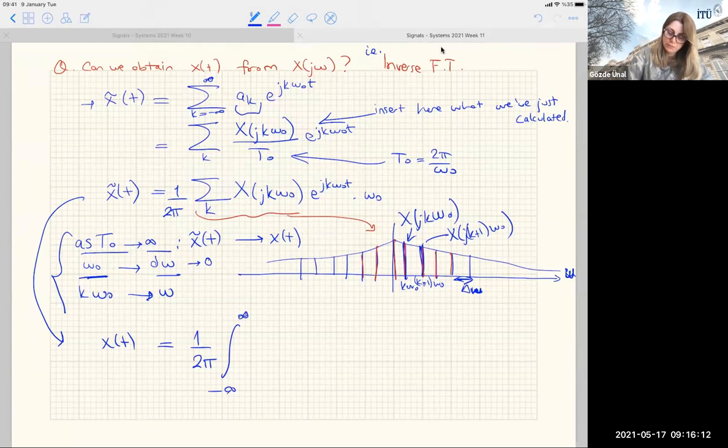This was k from minus infinity to infinity. So now I have X(jω) e to the jωt dω.